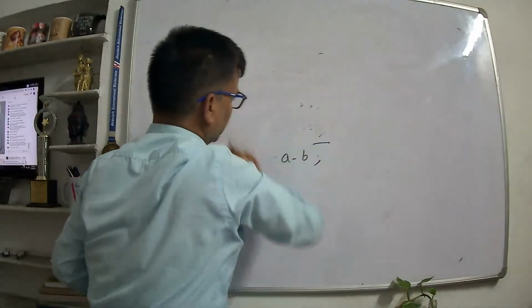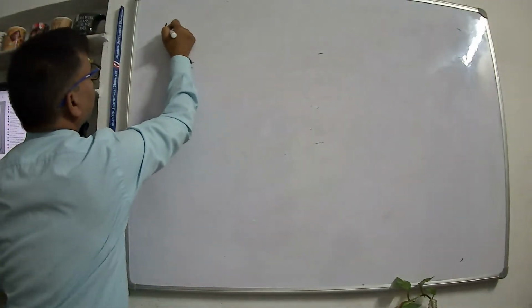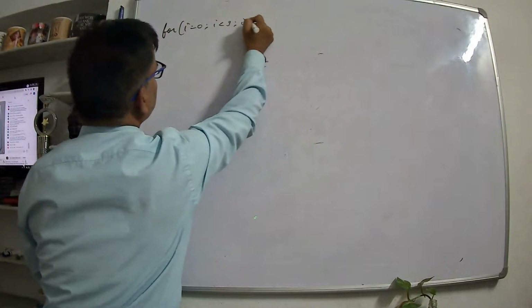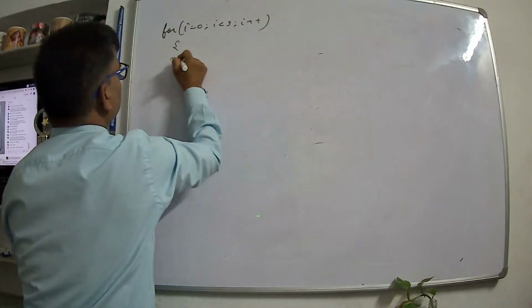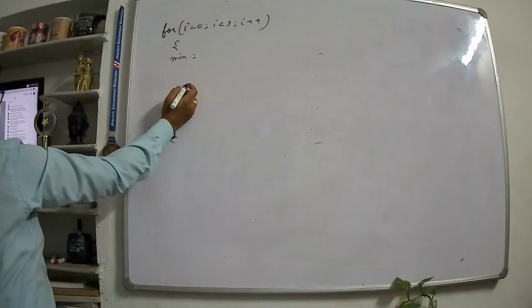This question must be done. It's in the book, it's in the class also. For i equal to 0, i less than 9, i plus plus, you consider min as i, ascending. Min equal to i.